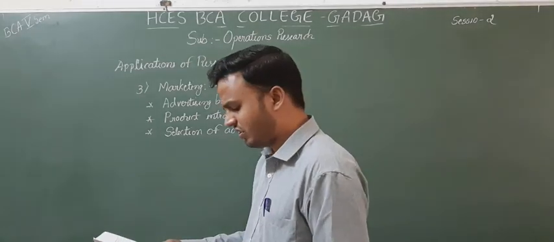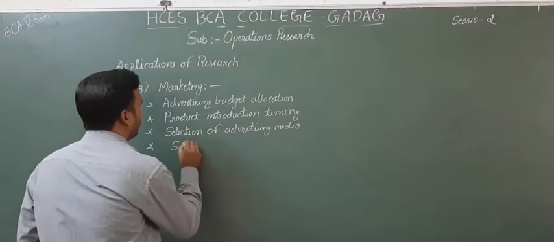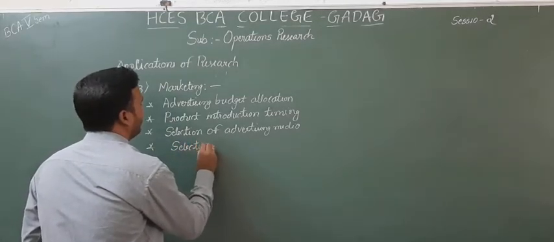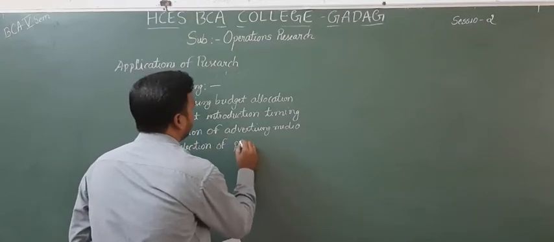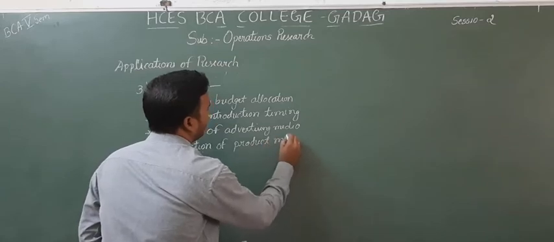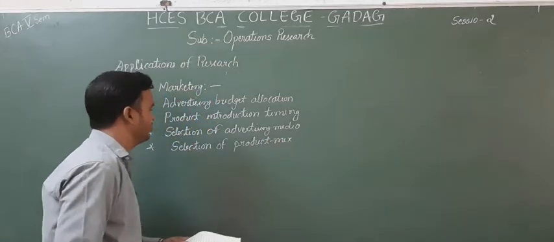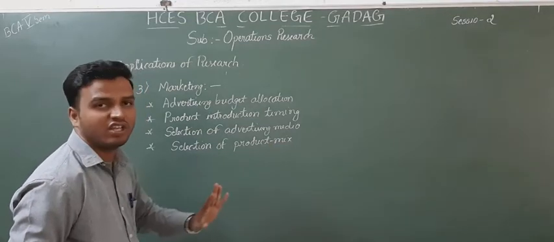The next one is selection of product mix. This is also very important. While selecting the product mix, what are the products we have to produce? So these marketing factors are considered here.